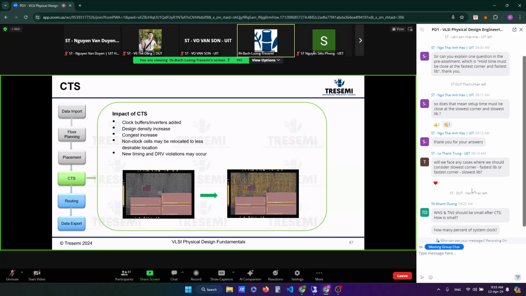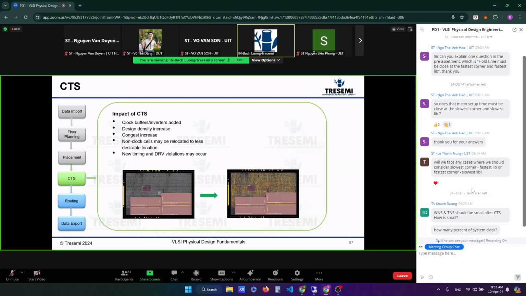You go to the next stage, routing, it's going to get worse. So it's important to not only take a look at your timing, but also your congestion at the end of each stage and make sure it's still in check. Timing is important, but congestion is also important, because if you can't route the design, you can't close it.